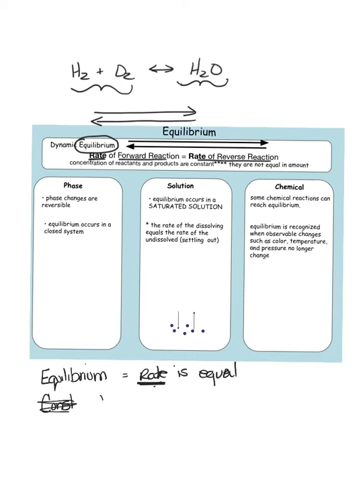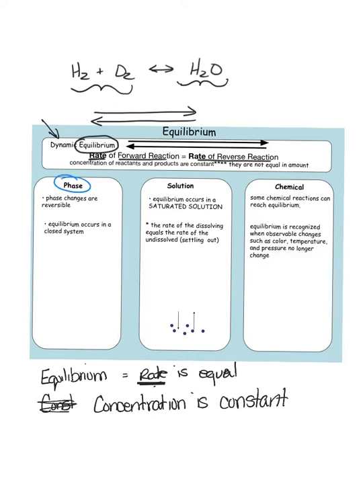Let's write concentration is constant. That means when you look at the reaction, it doesn't look like anything's happening. But in fact, it is. And there are 3 different types of dynamic, meaning changing, equilibriums that we have listed here on this page.